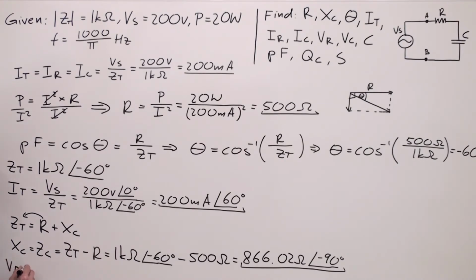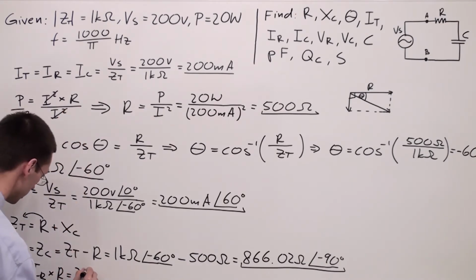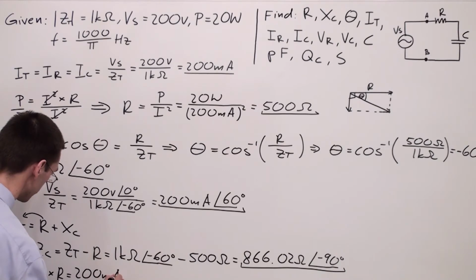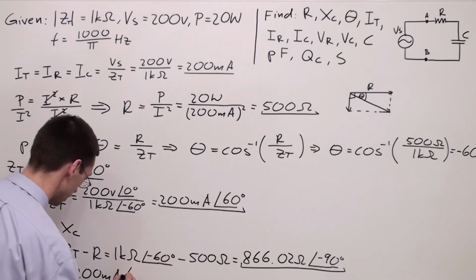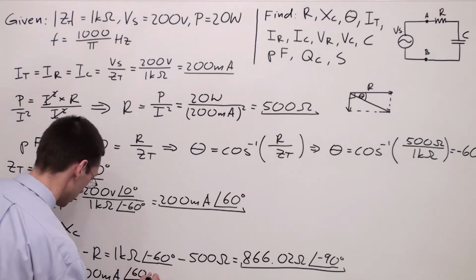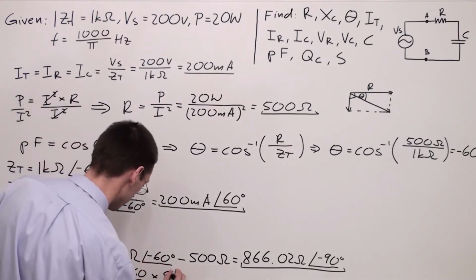VR is equal to the current which goes through the resistor times the resistance of the resistor, where IR, we said, is equal to 200 milliamps, and don't forget about the angle, which is 60 degrees, times the resistance of the resistor, which is equal to 500 ohms.